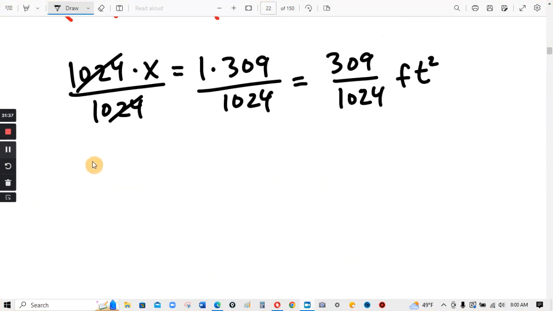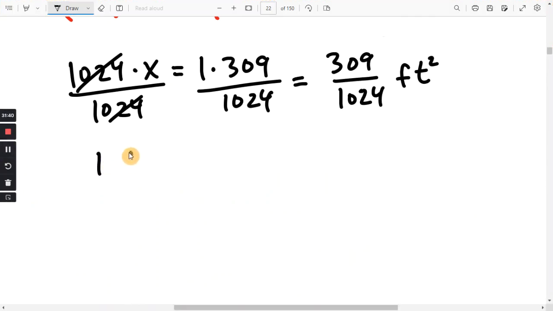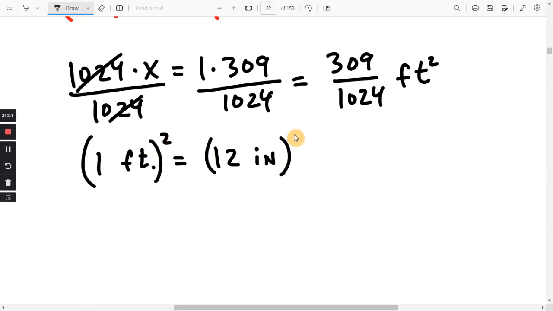So we know that 1 foot equals 12 inches. And if you square both sides, 1 square foot, or 1 foot squared, is going to be 12 squared. 12 times 12 is 144 square inches. All right, so 1 foot squared is 144 inches squared.